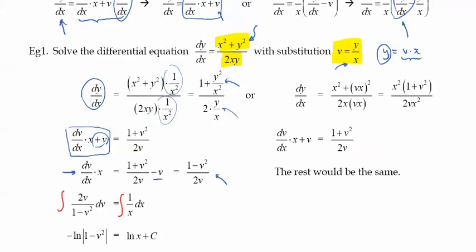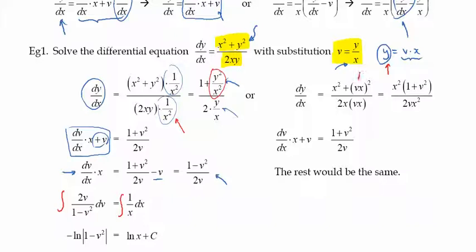Now, some people don't like using this technique to simplify the equation because sometimes they just don't know what extra terms to multiply to both the top and bottom to make your expressions work at the end. If that's the case, you can simply substitute your y using v times x.